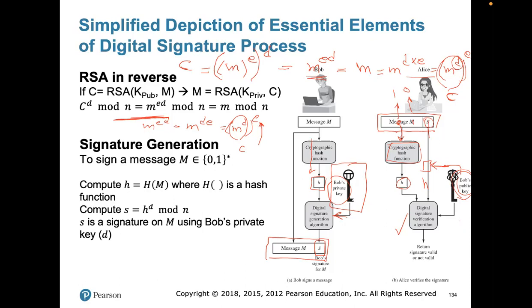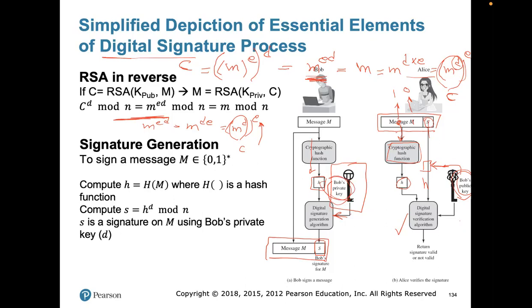In message authentication, in digital signatures, we don't want to reveal Bob's private key, because here is Bob, and Bob is the originator. If Bob uses his own public key, he will end up sharing his private key with Alice. And Alice doesn't have the private key. The private key is supposed to be private. The private key is not supposed to be shared.